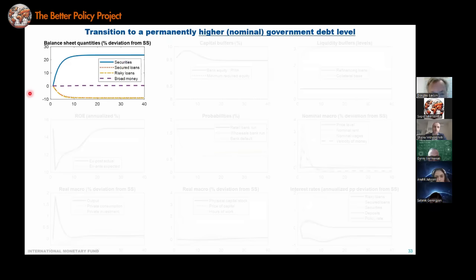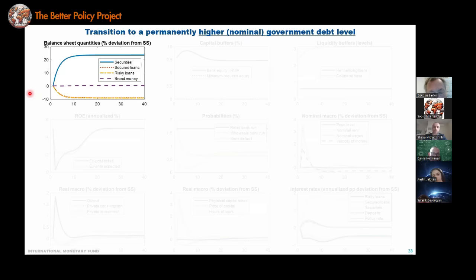So now let's assume that government expands its debt permanently. So there is a permanent increase in government debt. What will be the implication of this? If you go to the standard New Keynesian models, the implication is that if government spends this amount of deficit into the economy, then you will have a temporary boom in output and prices will increase.